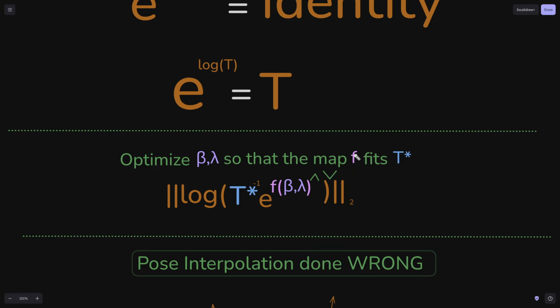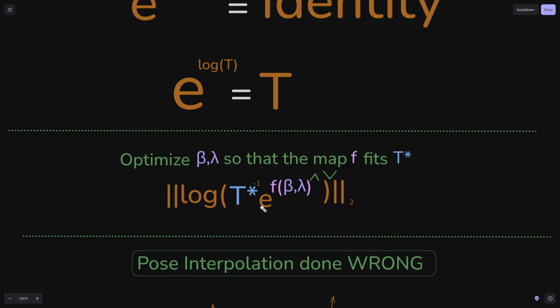Well, we can make the F generate Lie algebras, because if this generates the Lie algebra, we are not constrained. We can generate anything in R6. So we can just make it spit out 6 units, without any activation function. And that's pretty much it. It will work, right?